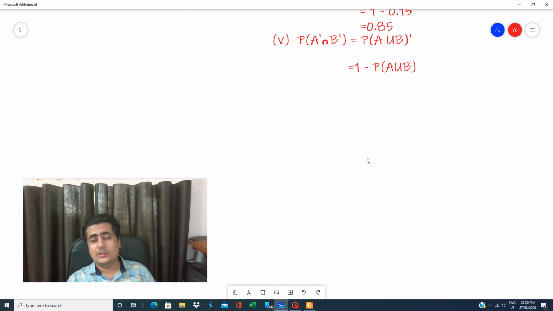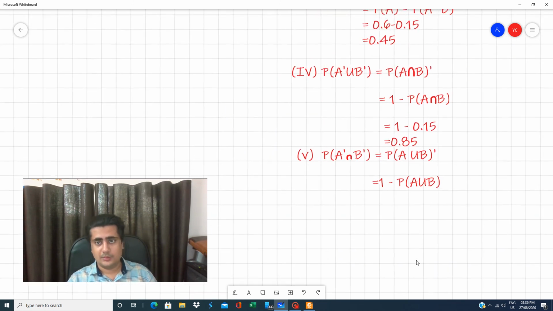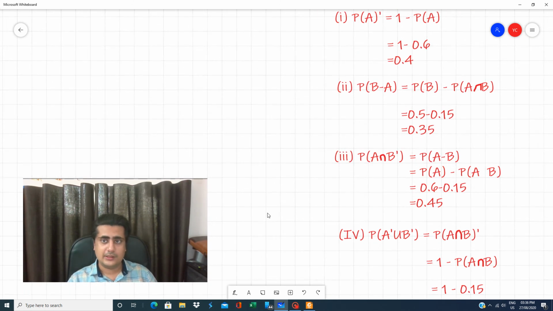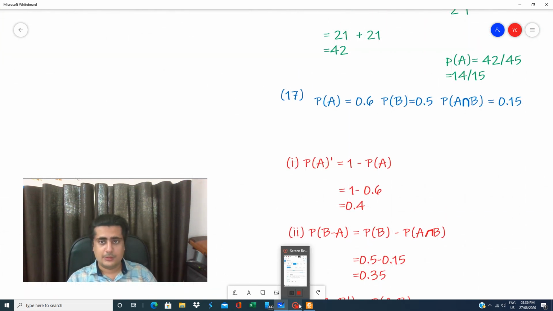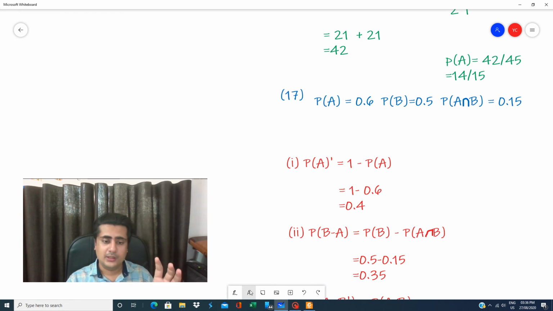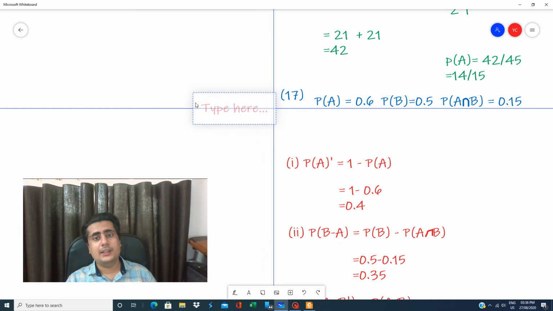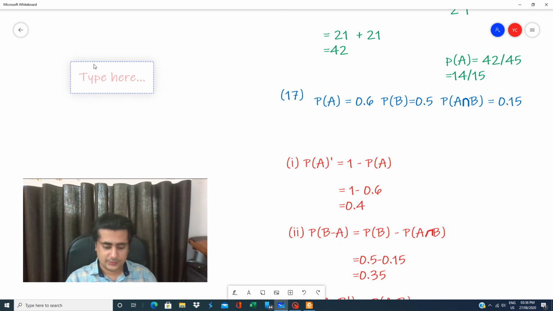Now what is union here? You don't have union anywhere. So I'm teaching you how to find a union. But that point of union we'll be doing at some later point of this chapter, or you can say exactly after this exercise 1.2. Now I'm teaching you how to find the union, but I'll be explaining the union after this chapter. Just learn from me how to find the union.